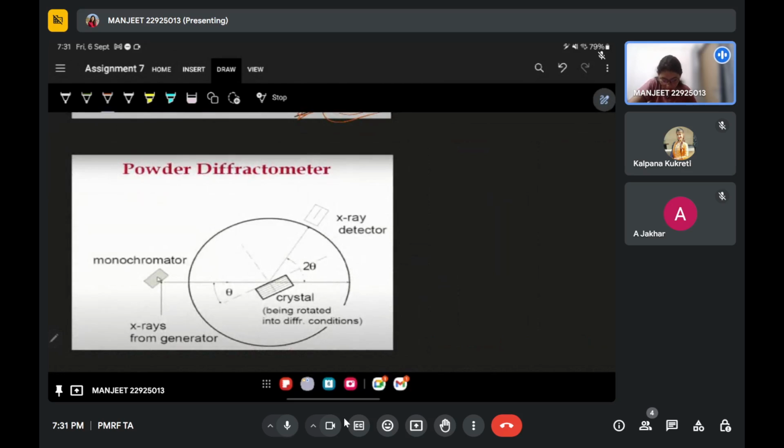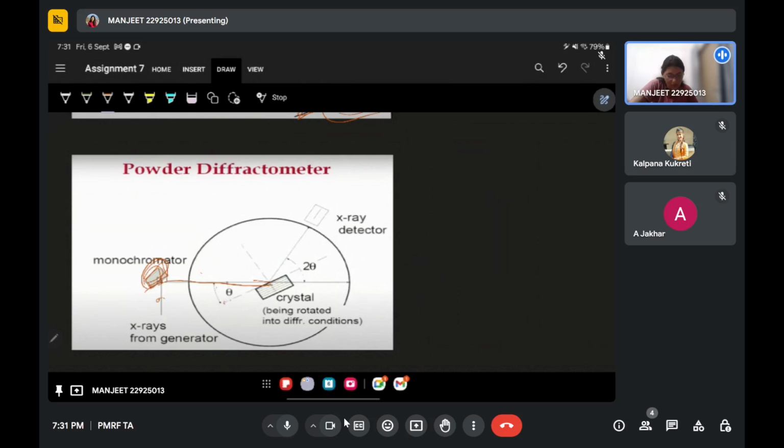Basically, the X-ray coming from the generator is put through a monochromator, which gives only one single wavelength. This is the K alpha, which the monochromator converts into a single wavelength. It is incident on the crystal, and the crystal keeps rotating into different directions.